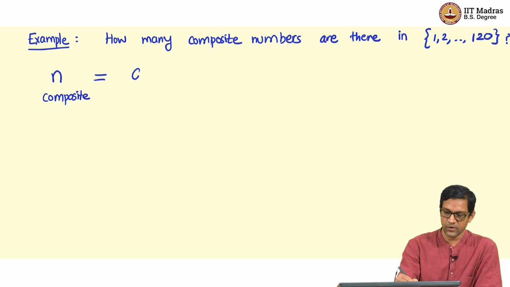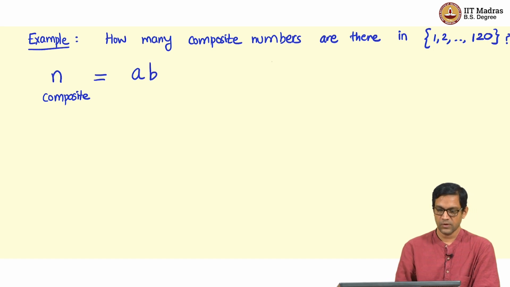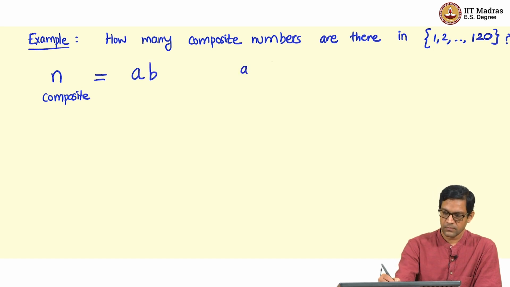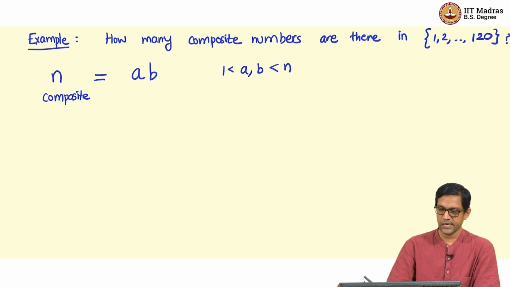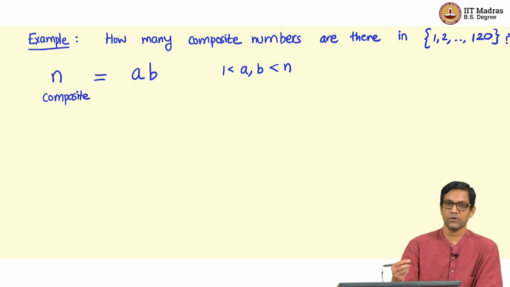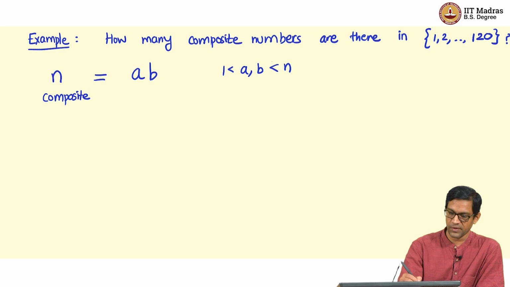It can be written, for example, as a product of 2 numbers a and b. Both a and b are numbers which are strictly smaller than n. Now this implied in particular that one of these 2 numbers is less than or equal to the square root of n, right. This was one of the observations we made.